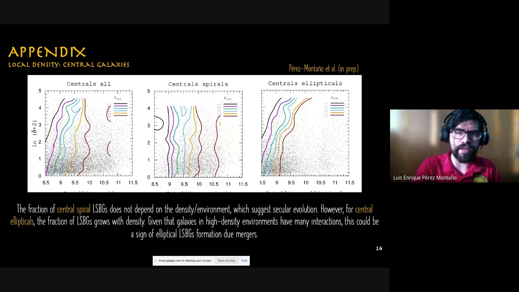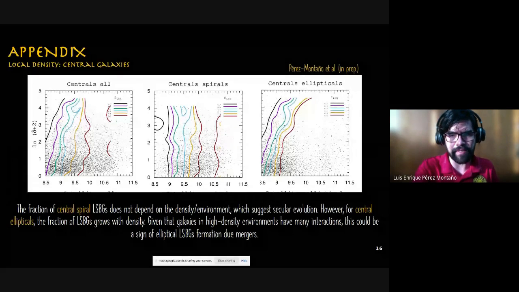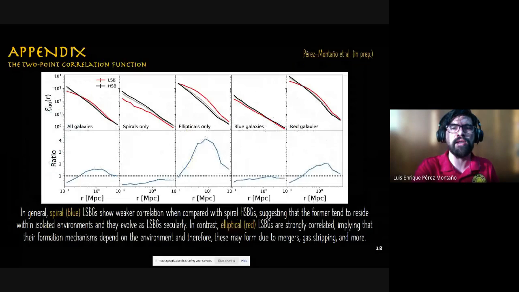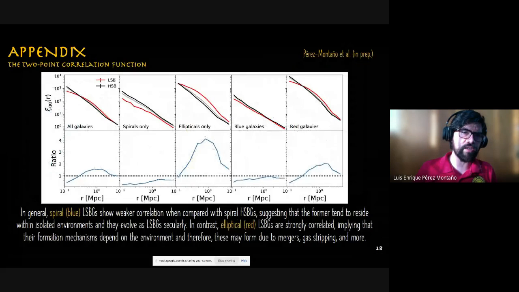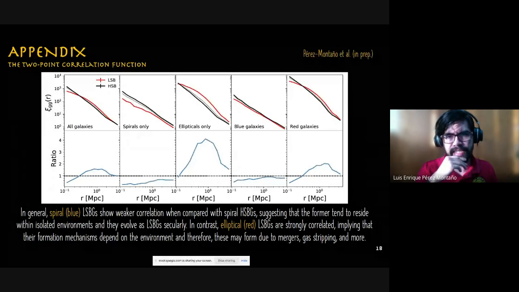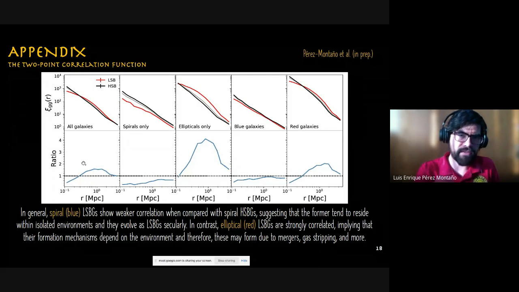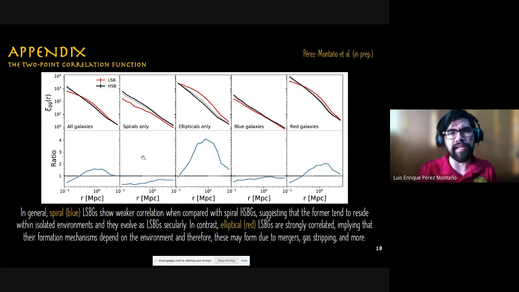The behavior is very different between these kinds of objects. We also checked the two-point correlation function of these galaxies, and we observe, for example, that LSBGs are less clustered than HSBs. And it also depends on what kind of galaxy we are studying: spirals, ellipticals, blue galaxies, red galaxies.